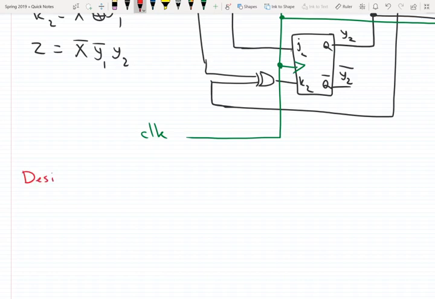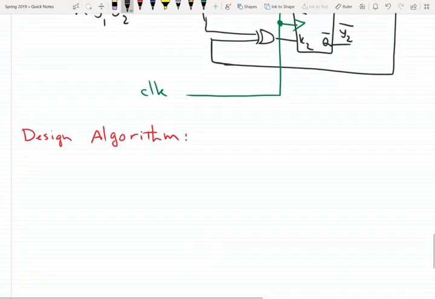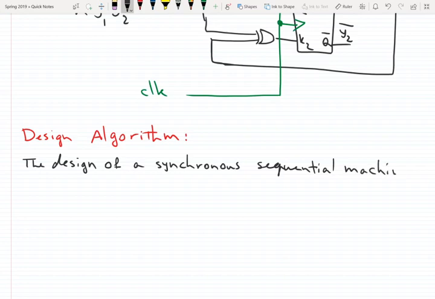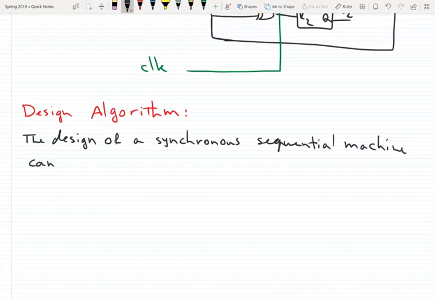The design algorithm: the design of a synchronous sequential machine can be summarized by the following steps.